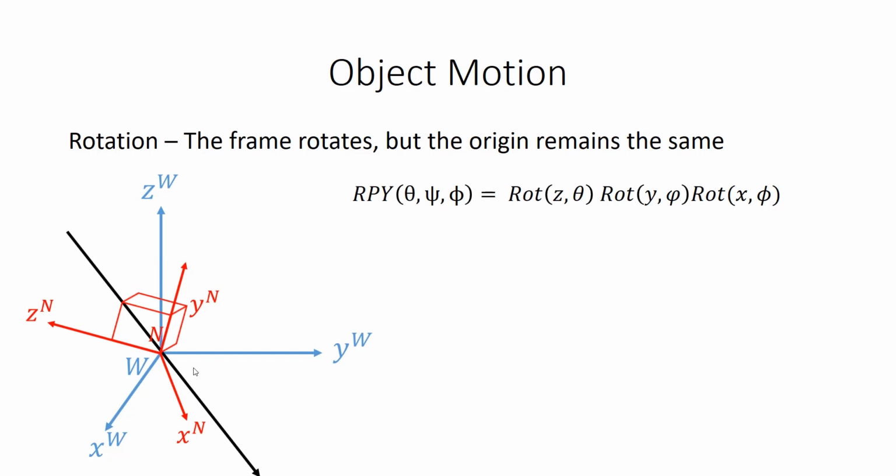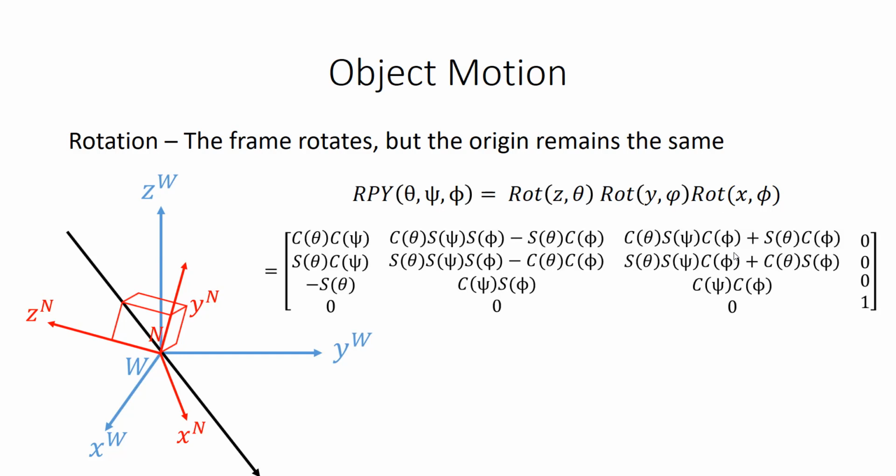We would take this black arrow and decompose it into its direction along x, its direction along y, and its direction along z. We would compute how much the object would be rotating around those directions, multiply the rotation matrices together, and we would get one really big matrix.